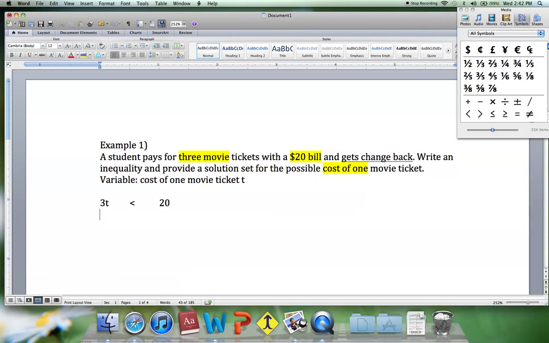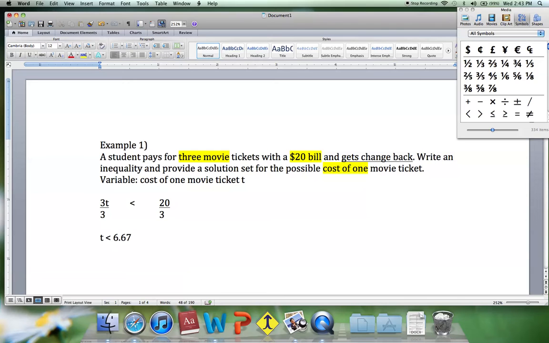Now we want to find the solution set for the cost of 1 movie ticket. Since we have multiplication, we will divide. And we're going to divide both sides by 3. So t is less than 6.67.